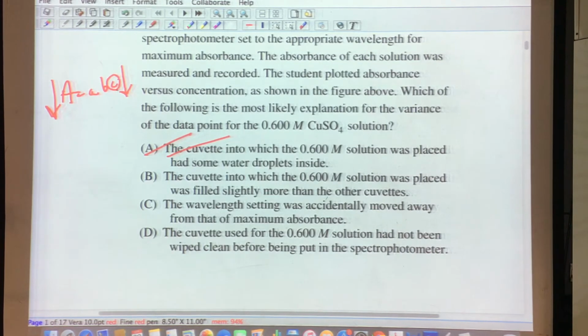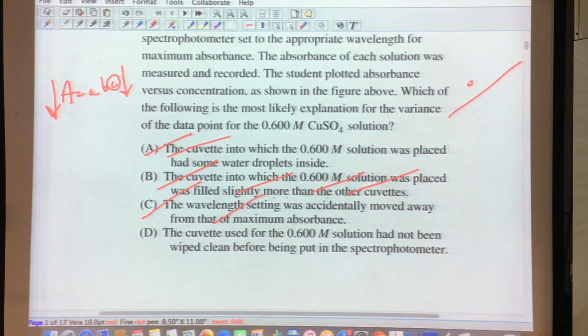No, the molarity is going to be constant, the volume is going to increase. Yes, there's more moles, but the concentration per volume stays constant. So that wouldn't make any sense. The wavelength setting was accidentally moved away from the maximum absorbance, which means you would actually have a lower absorbance. If it's stuck on a higher setting and you lowered it, you would get a lower. Remember, that point is above the line.